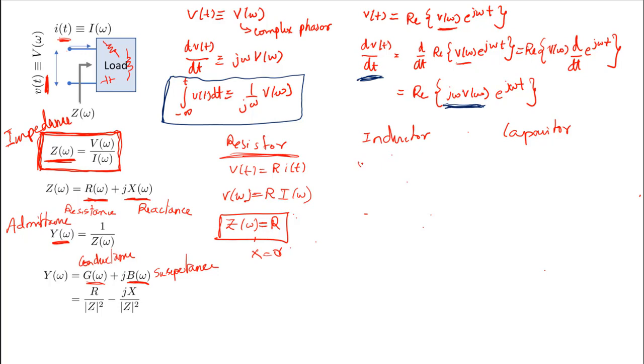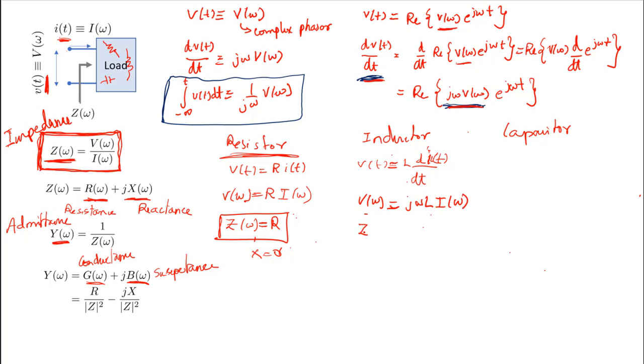Now for an inductor, V of t is L di over dt, where i is the current that flows through the inductor. In the phasor form, based on the fact that we saw here, this is simply j omega L I of omega.